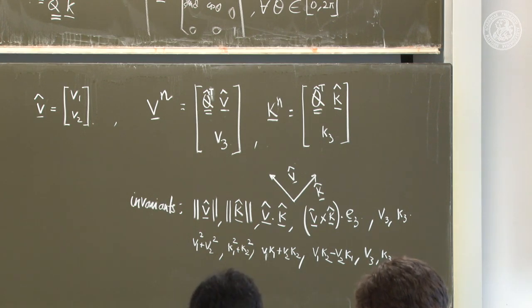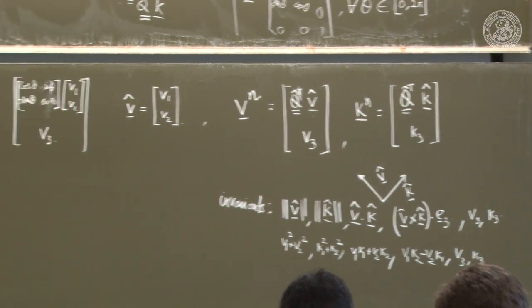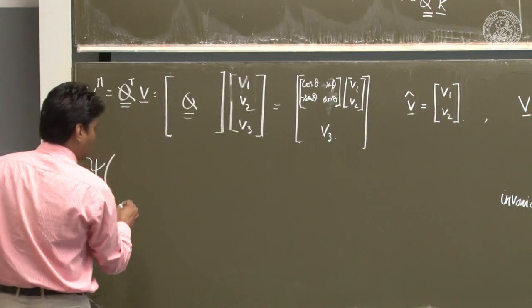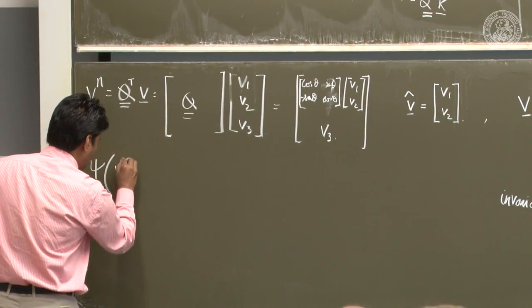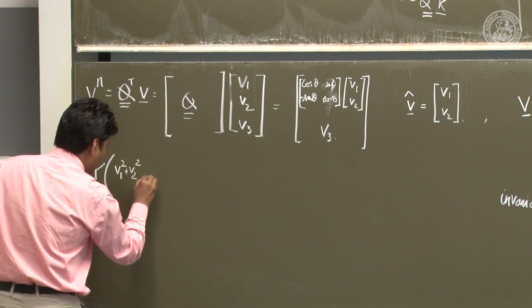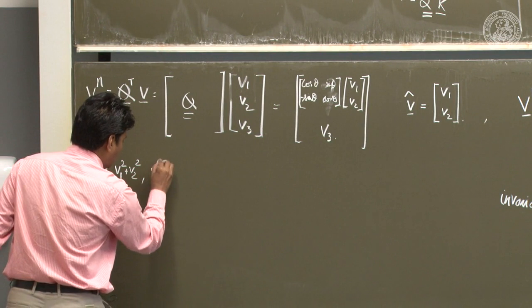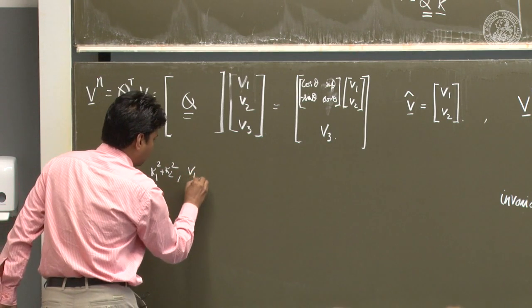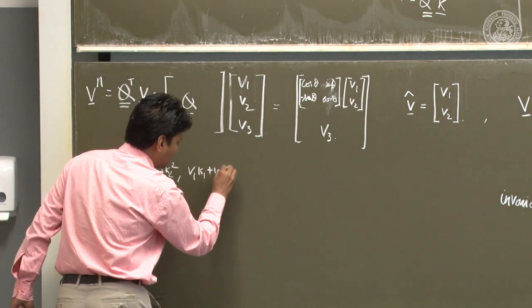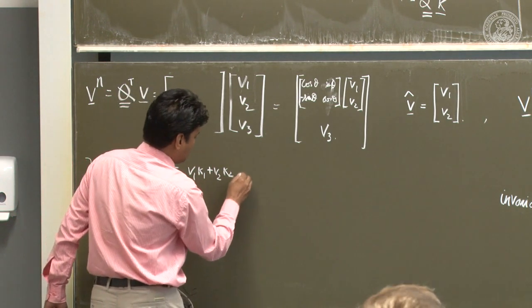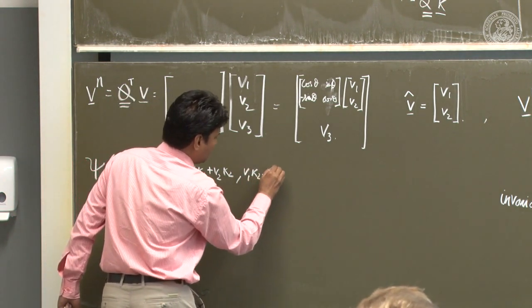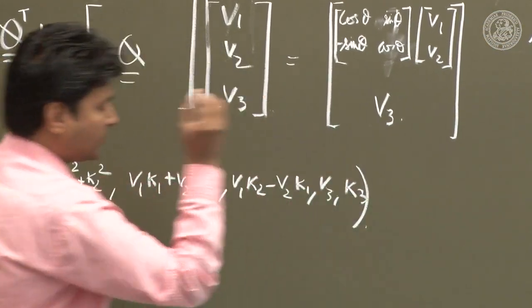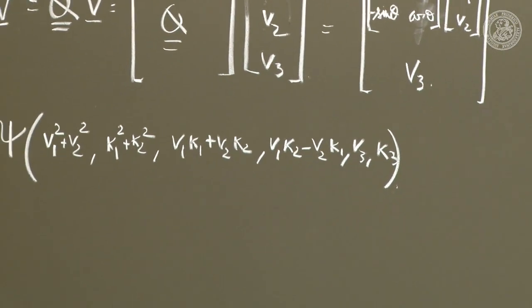What this tells us is that your energy function psi actually depends on those invariants. So it should be a function of V1 square plus V2 square, then K1 square plus K2 square, then V1 K1 plus V2 K2, then V1 K2 minus V2 K1, then V3, K3. So you got a lot of information.